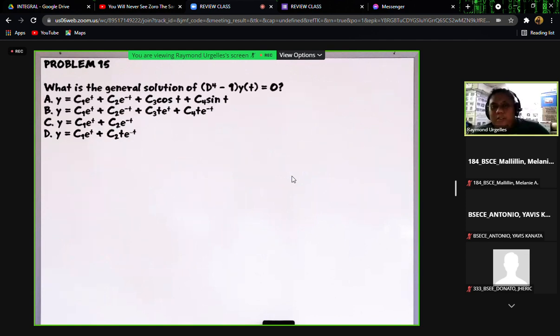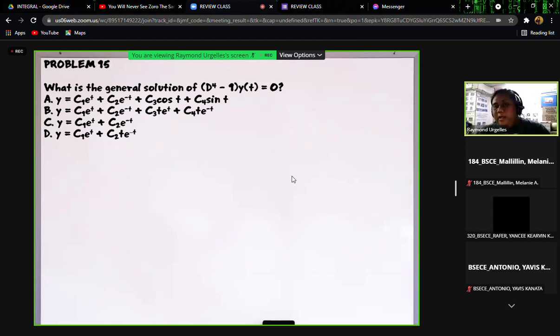So what is the general solution of d to the fourth minus 1, y of t is equal to 0? Diba? So ngayon, isang palatandaan natin pagdating sa differential equation, diba, is kung ano yung order of the differential equation, yun yung makikita nating number of arbitrary constants, no? So kaya dito, alam natin na yung d to the 4 na to is fourth order differential equation.